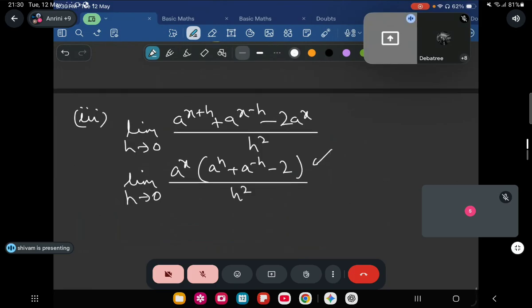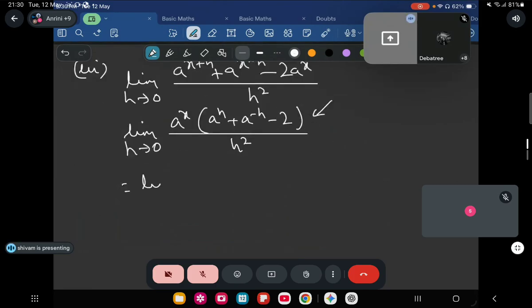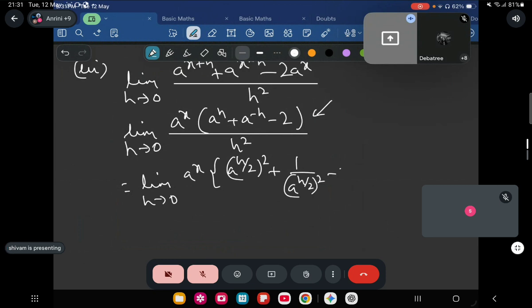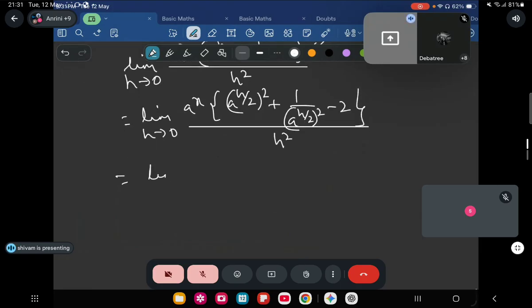See, this will become a perfect square. Can I write it as limit h tends to 0, 8 to the power x into 8 to the power h by 2 whole square plus 1 by 8 to the power h by 2 whole square minus 2, the whole thing divided by h square. Now this becomes limit h tends to 0, 8 to the power x into 8 to the power h by 2 minus 1 by 8 to the power h by 2 whole square.